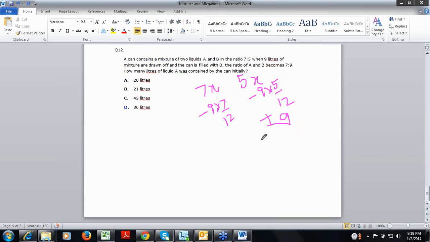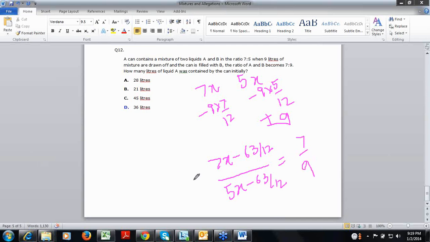So A becomes 7x minus 63 by 12. And B becomes 5x minus 63 by 12, which is equal to 7 by 9.